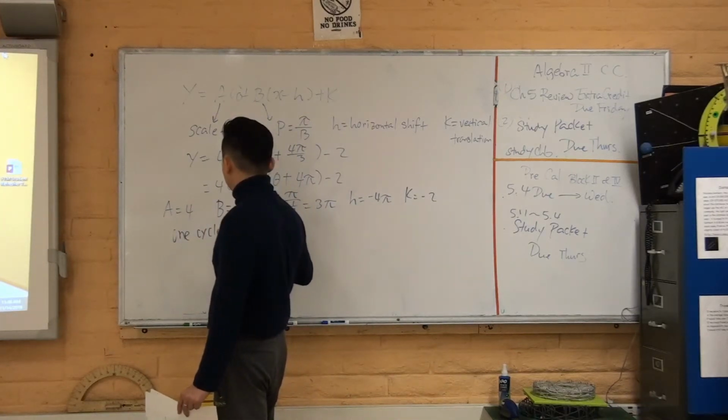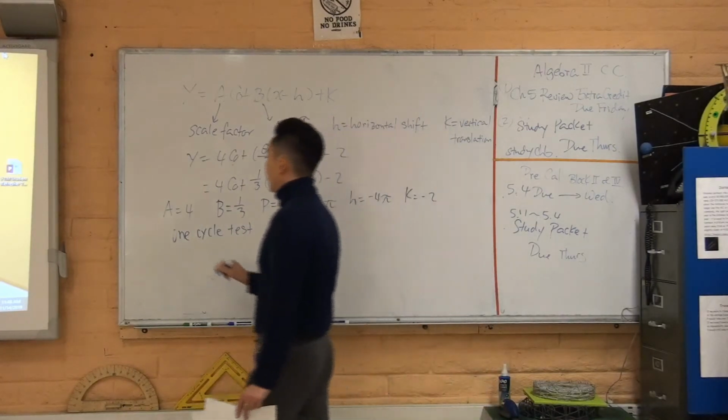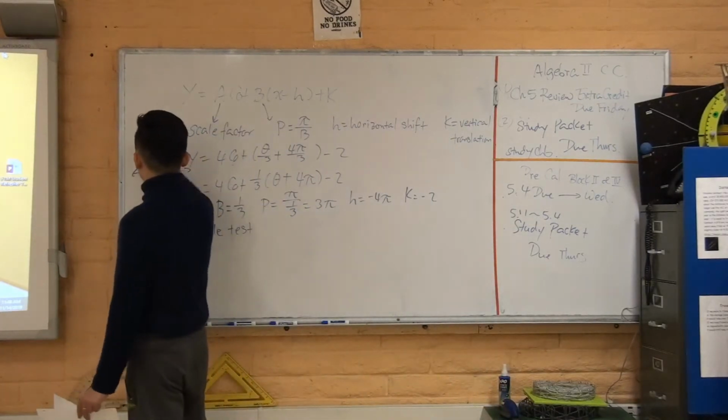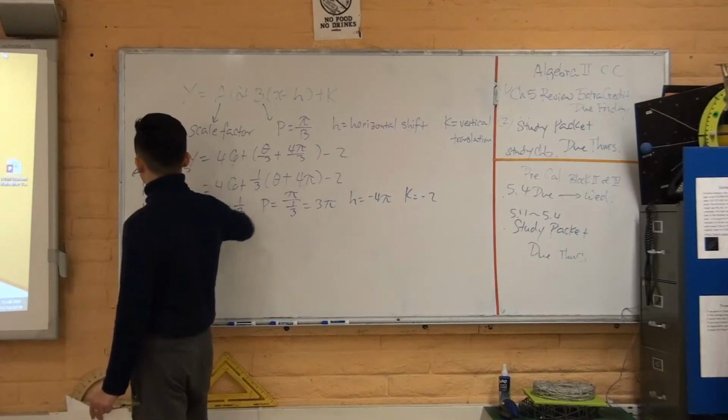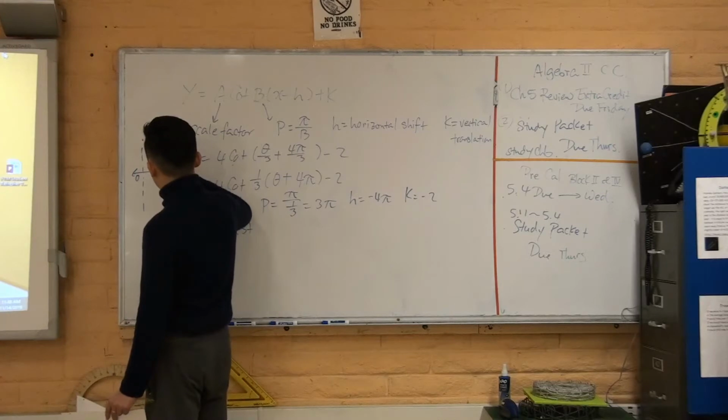For the one cycle test, as you may notice, cotangent's parent graph goes from 0 to pi. From 0 to pi, it's a reflected cubic curve.